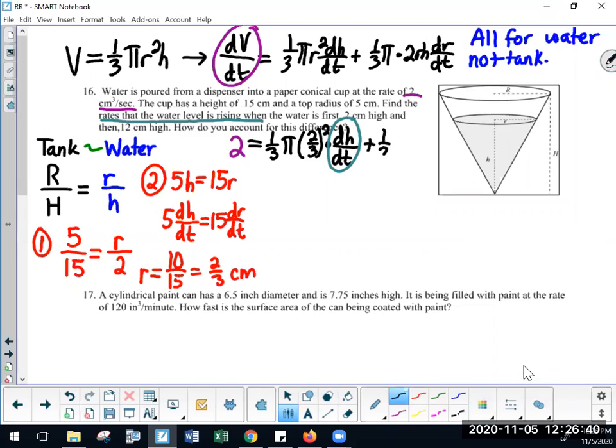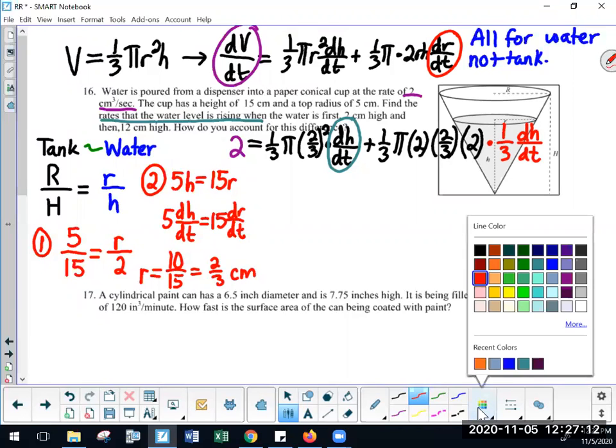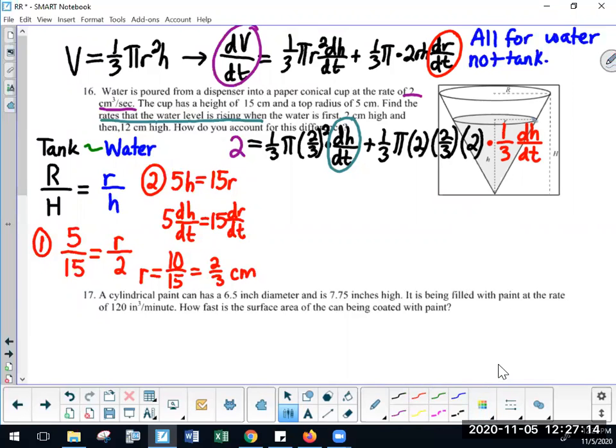Plus 1/3 pi times 2 times 2/3 times h, which is 2 the first time, times not dr/dt, but, 1/3. I'm sorry, not 1/3. Yeah, 1/3, sorry. 1/3 dH/dt. And we have then two terms, dH/dt, that we're interested in.